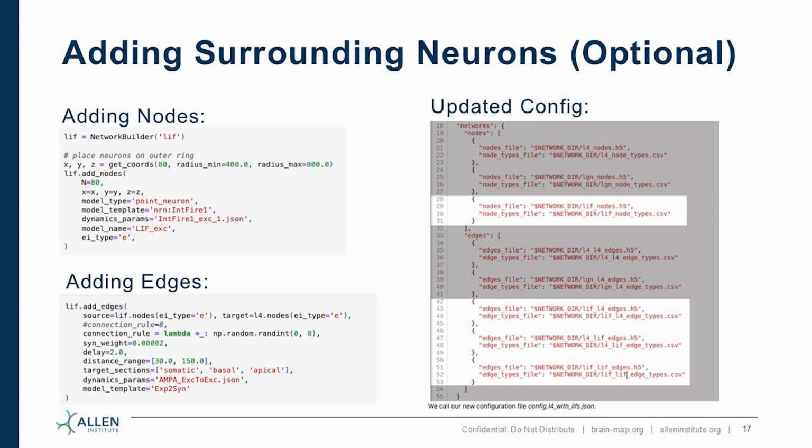And again, this is one of these things that's helpful to add in manually just to get a sense for how these things are constructed. So here we're adding in a new set of nodes for the lift network, and we're adding in the relevant edges.